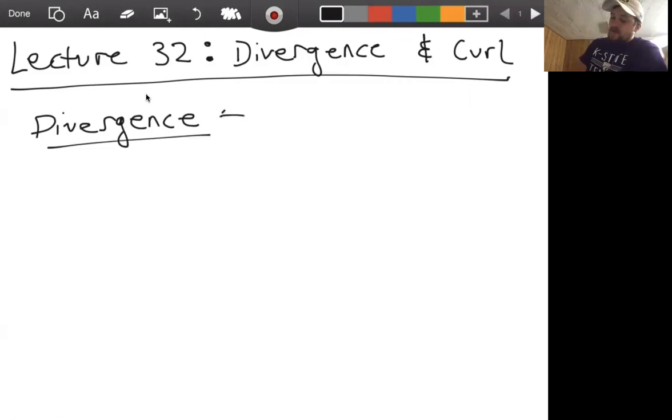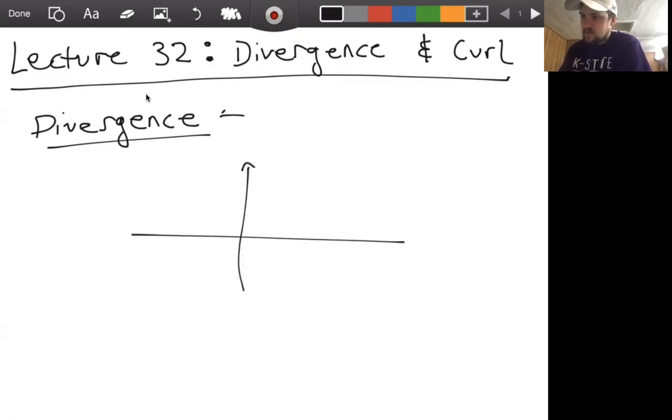Okay, divergence. So if you picture, let's say 2D, analogous to three-dimensional. Actually, let's look at a 3D case because I'll give the definition in 3D.